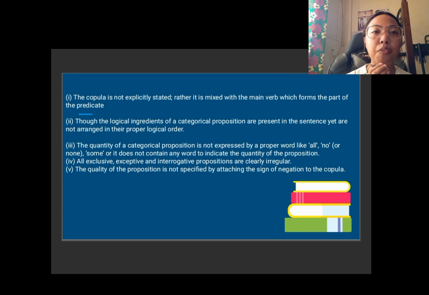The last one is the fourth: all exclusive, exceptive, and interrogative propositions are clearly irregular. The quality of the proposition is not specified by attaching the sign of negation to the copula.